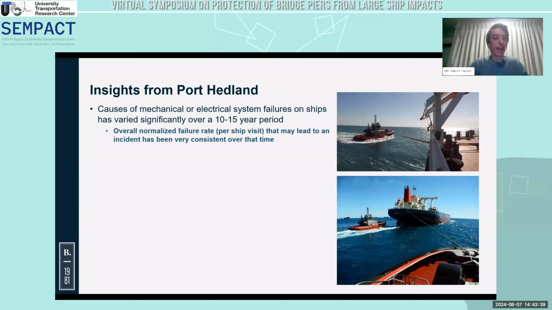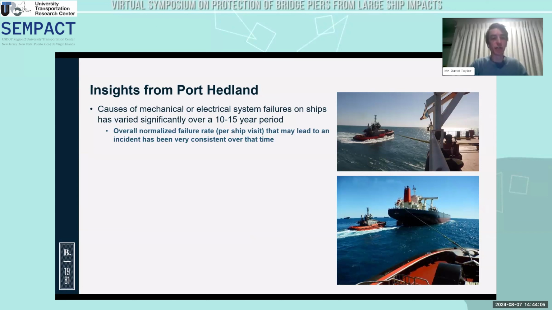Despite a lot of attention being paid in the wider marine industry, as well as specifically for ships visiting Port Hedland, the underlying rate of mechanical or electrical failures for engine and steering related systems has actually been remarkably consistent.